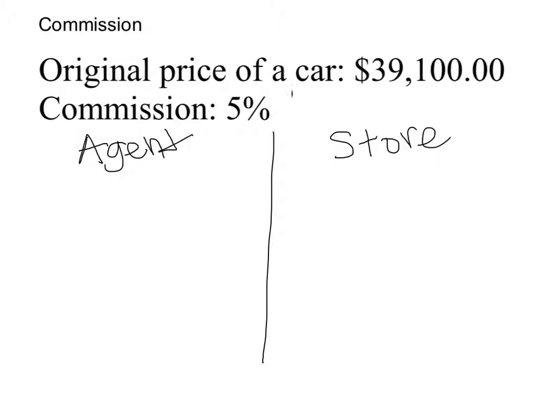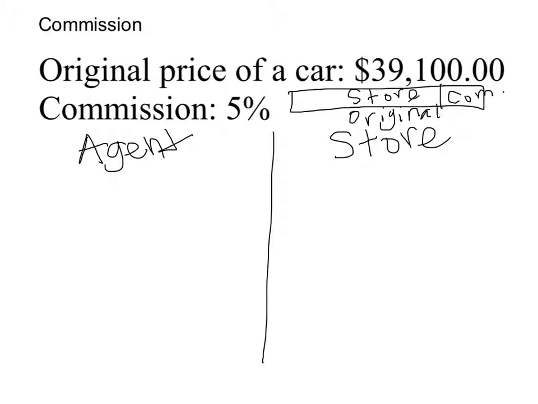So if you remember, it looks like this. Here's my original cost. What happens is the commission is a small part of that, and then the store gets whatever's left. So if I want to figure out how much the agent makes, all I have to do is use the commission value straight.